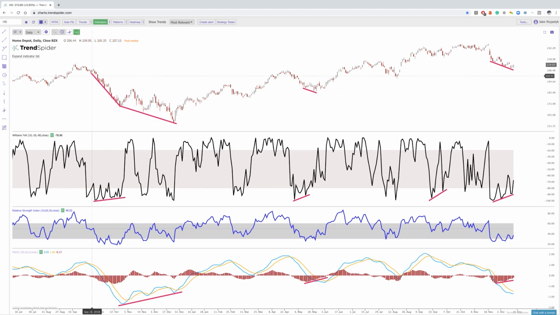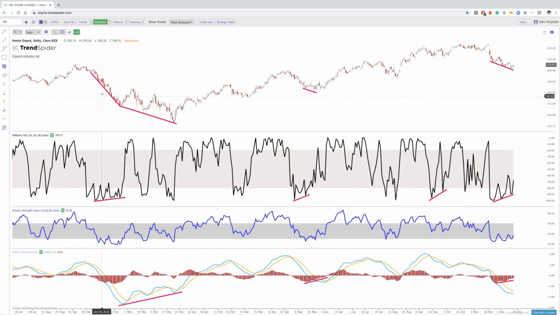So in this case, you can see here, the price closed here on September 27th, around 205. From here, you can see that we're creating lower lows. So the price is creating new lows as the Williams percent range is actually finding higher lows here.